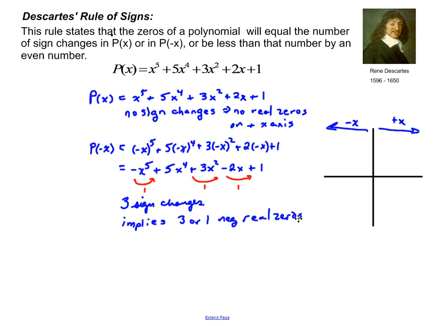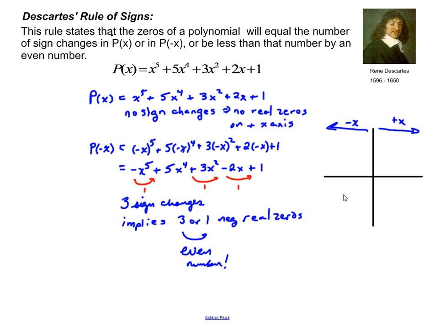And you're thinking, well, what does that mean? Well, okay, it has to be equal to the number of sign changes, or less than that by an even number, right? We couldn't say 3, 2, or 1, or 0. It always goes down by an even number.